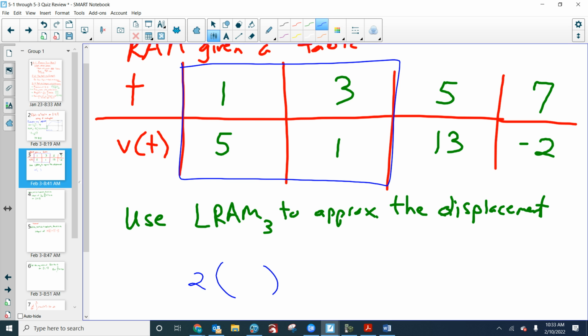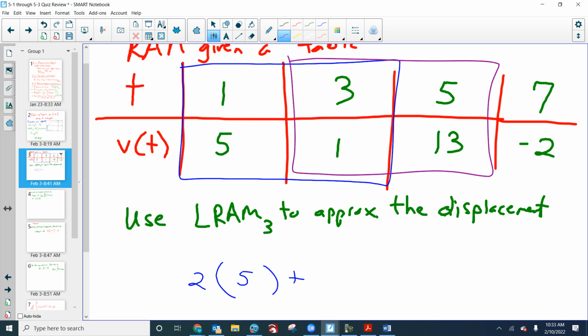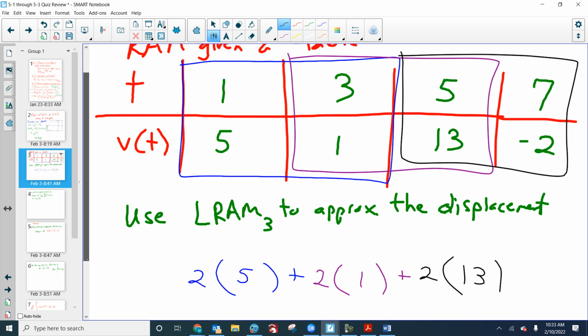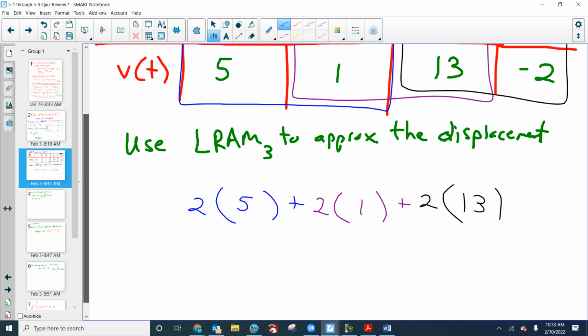Left edge. 5. Plus, okay, what's the next rectangle? What's its base? 2. What's the left edge here? 1. Plus, next one. From 5 to 7, what's the base? Coincidence? Left edge. Add them up. What's that, 38? 38?